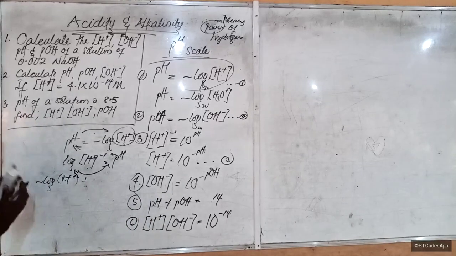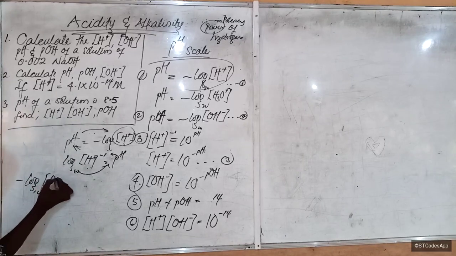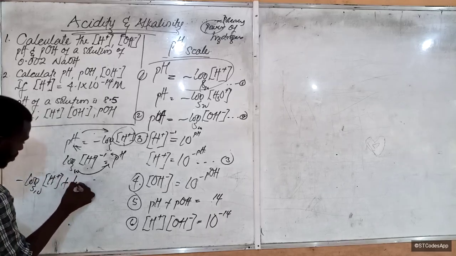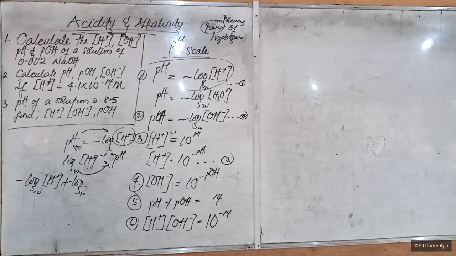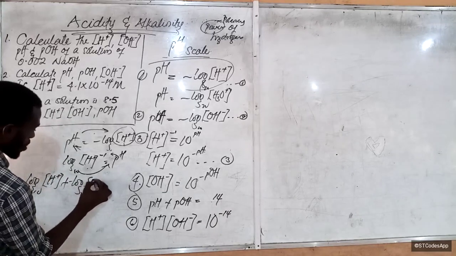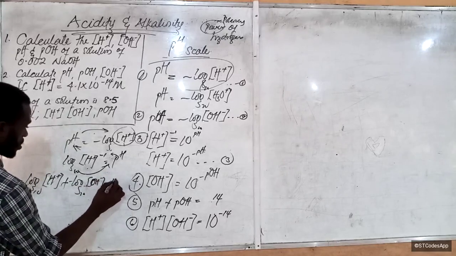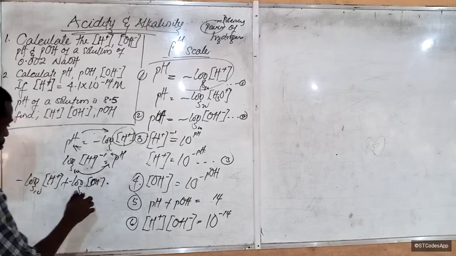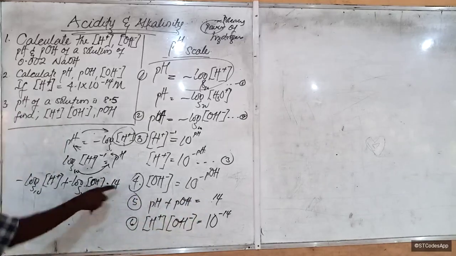what you have is minus log to the base of 10 of H plus, is that okay? Plus minus log of OH minus is equal to 14, because we say pH plus pOH is equal to 14.